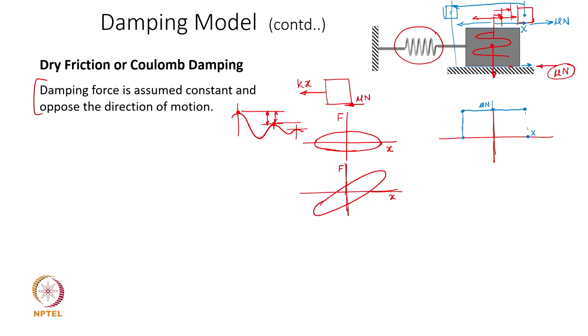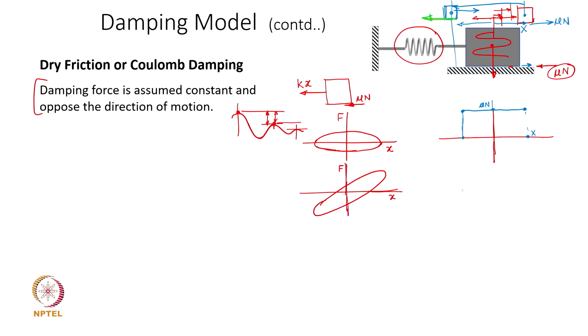Now, when it reaches the leftmost extreme point, it will start its journey back toward its original position, and in that case the friction force is going to oppose that motion, in the opposite direction to the motion.